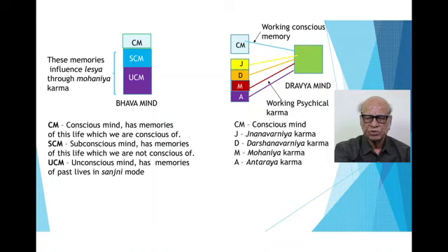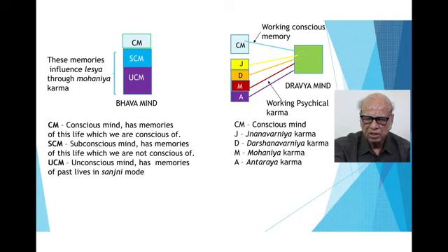Then on the right hand side, I have shown here how the information flows to Dravya mind. So this is Dravya mind. Okay. So Dravya mind receives working conscious memories. This is conscious mind. Okay, this part. So the working conscious memories are being received by Dravya mind. Then, we are talking of the Dravya mind, and it receives information from working psychical karma.